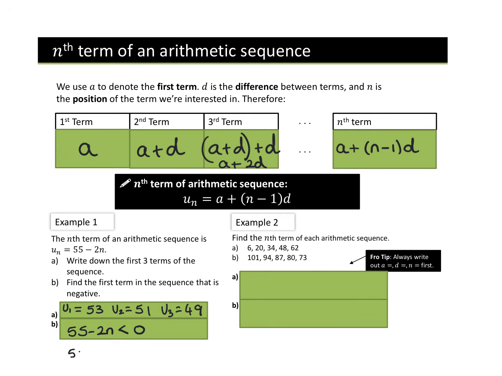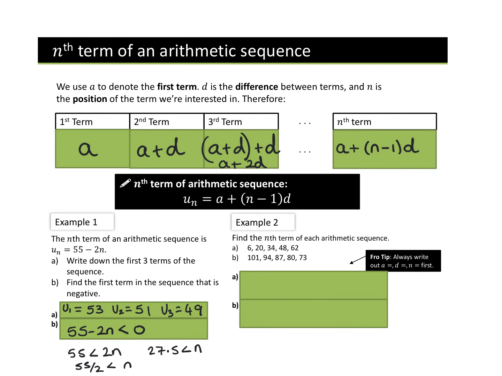So I'm going to get 55 is less than 2n. 55 over 2 is less than n. So that means 27.5 is less than n. So n has to be greater than 27.5. Now, did I ever once say, what is the 27th and a half term?